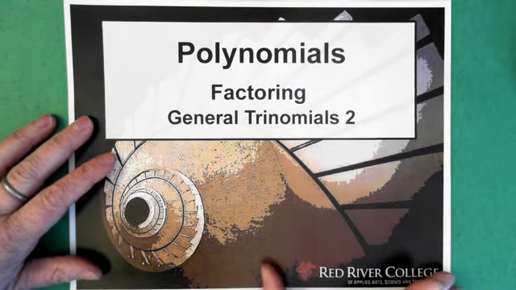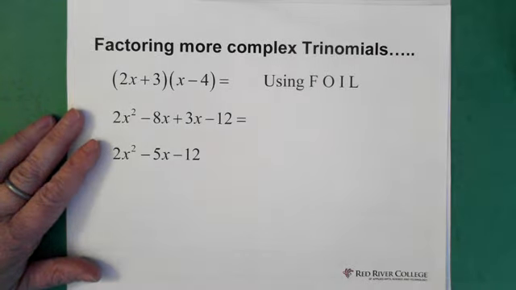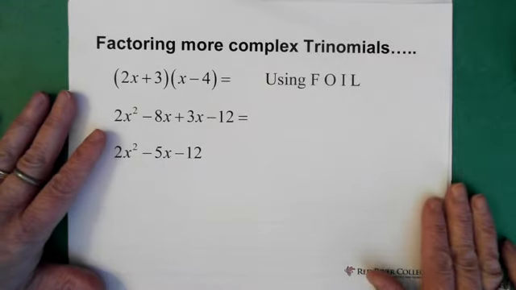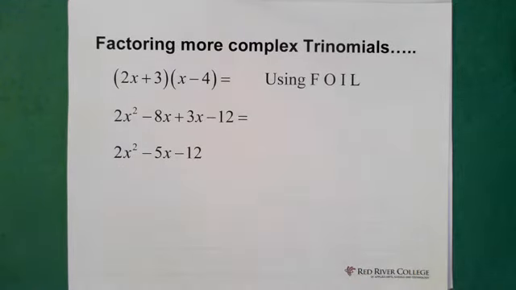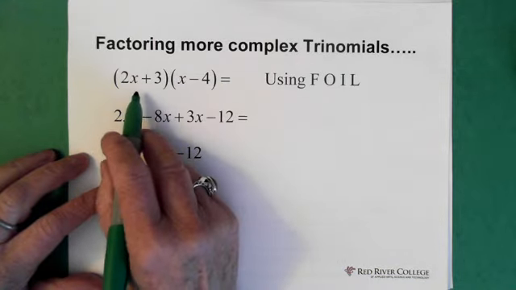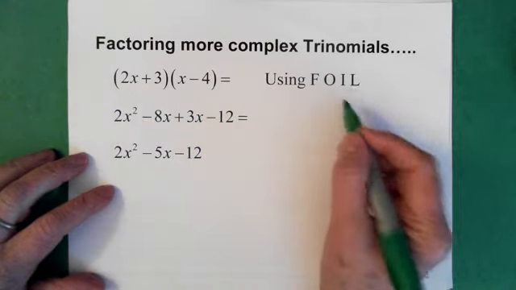This video is on factoring general trinomials, and it's a second video, and we're working on trinomials that are just a little bit more complicated. So just a reminder of when you multiply two factors. Here we have two factors, and when we multiply them we use the FOIL method.